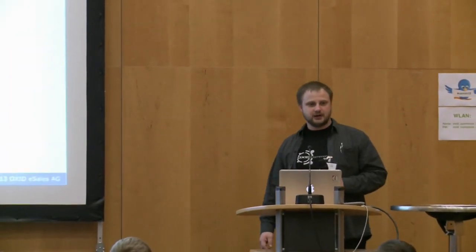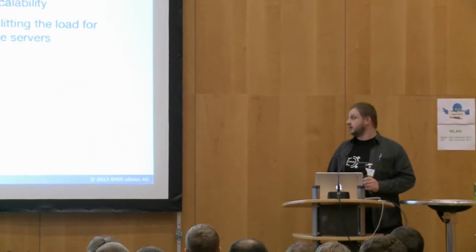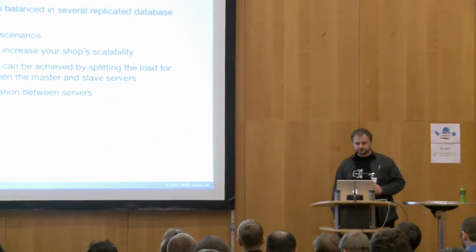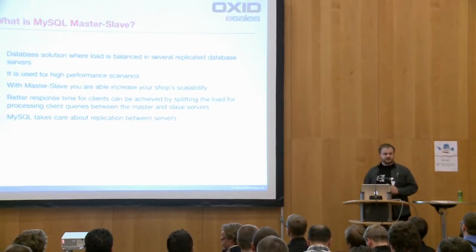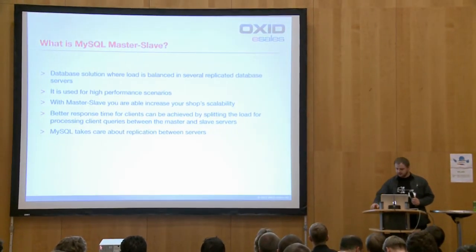As you know, more than 90% of the pages just need to select data from the database. So when we have master-slave replication, the 10% of changing data we can move to the master, and all other data that we need to select for our pages, we can move to the slaves. So basically, this is the main idea.